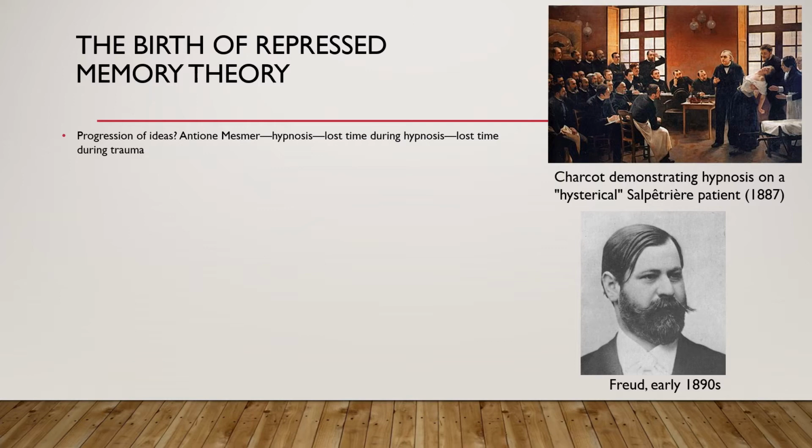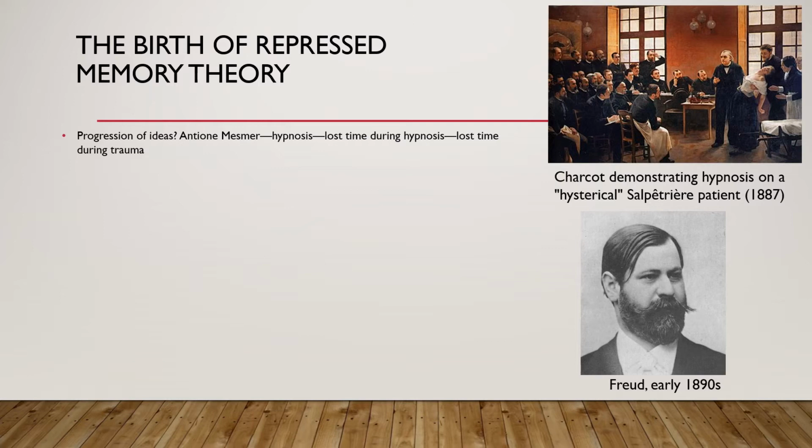Now, mesmerism evolved into hypnosis over a period of about 60 to 80 years. And in the middle of that development, the idea developed that during hypnosis you lose time completely, a period of time where you cannot remember what happened during hypnosis. It was like a forebear of the idea that you lose time during trauma.